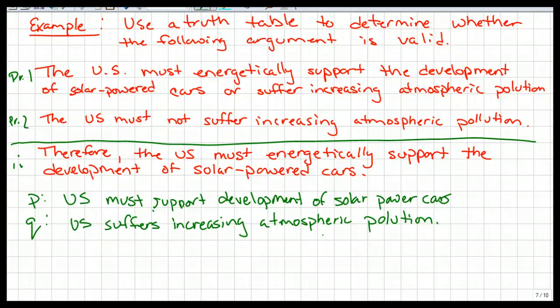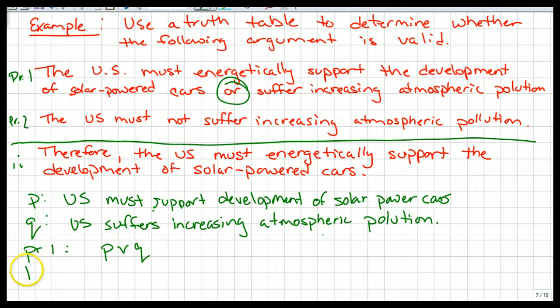Okay, now we need to set this out as our first premise. Premise 1 is the U.S. must energetically support the development of solar-powered cars or suffer increasing atmospheric pollution. So how would I put that in symbolic form? Yep, P or Q in this case, because our statements are right here.